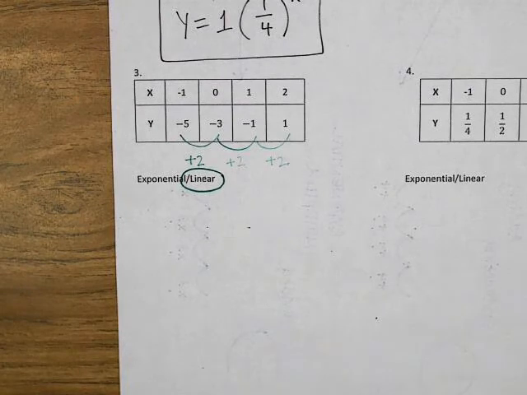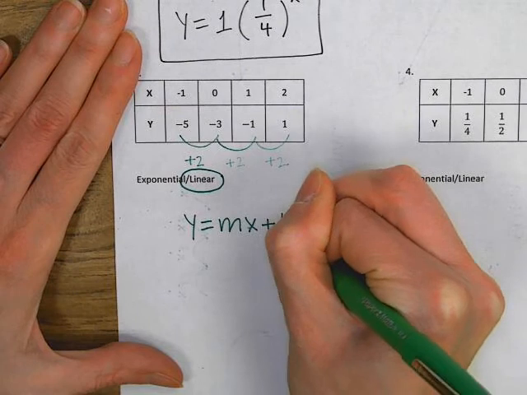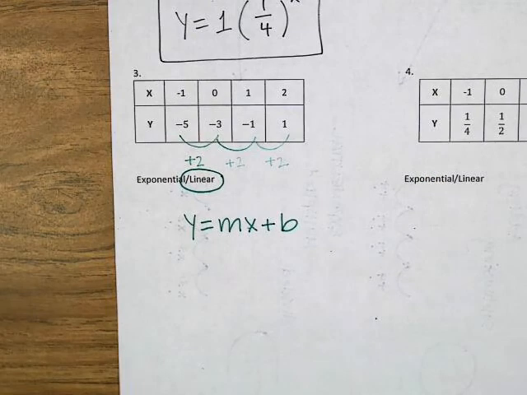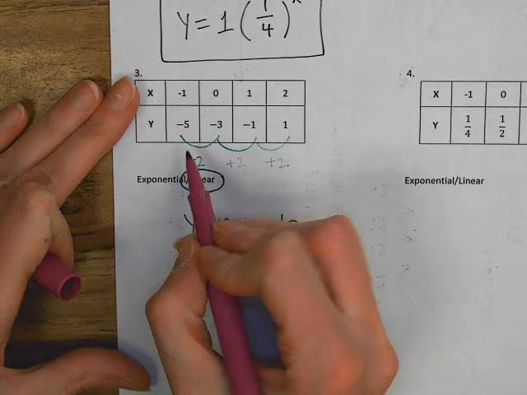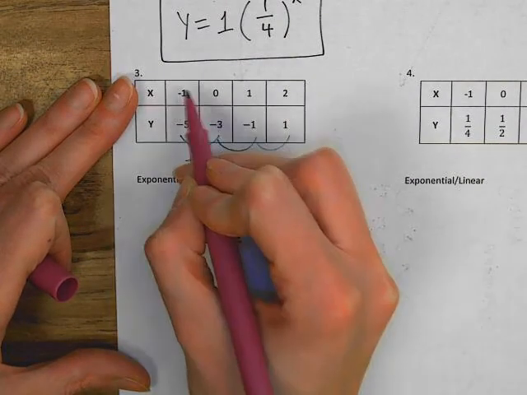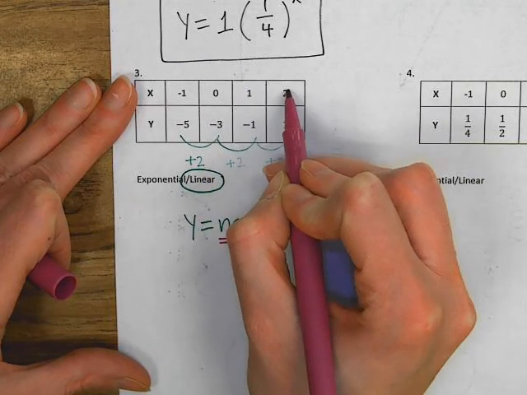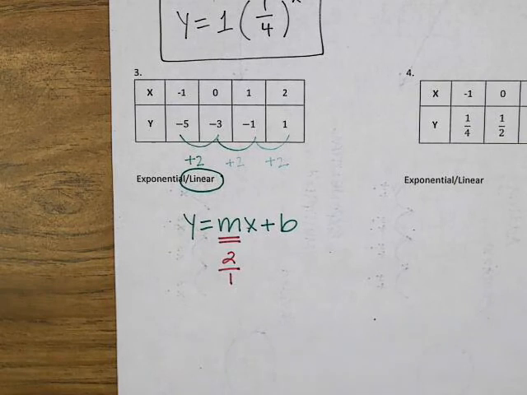And if it's linear, our model is y equals mx plus b. And let's go ahead and find the m and the b. So the m is the slope, or the rate of change, and it looks like we are rising 2 every time and running 1. Okay, so the slope is going to be 2 over 1, or just 2, right? Change in y over change in x, plus 2.